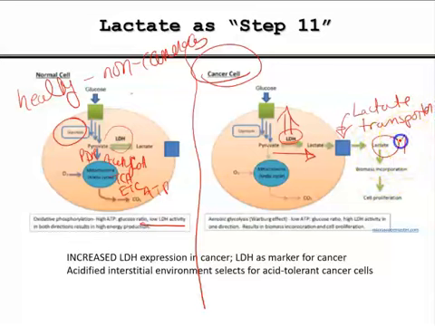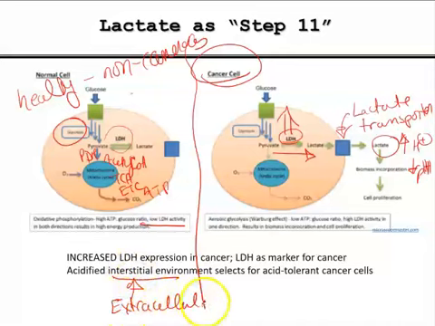Lactate is going to acidify, so increasing the hydrogen ion concentration, which is essentially measured as a decrease in pH. So we increase the acidity of the interstitial environment, so of the extracellular fluid, right, or the tissue fluid. And this acid enriched environment selects for acid tolerant cancer cells.